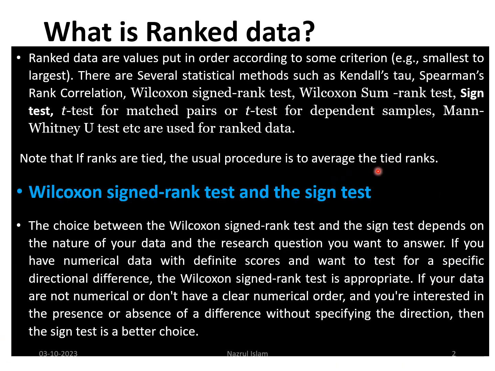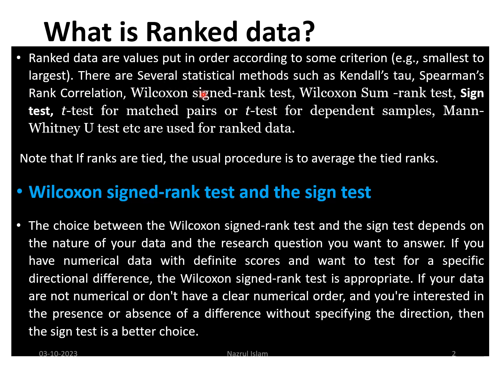Before starting the Wilcoxon signed rank test, we have to know what ranked data is. Ranked data are values put in order according to some criterion, that is, smallest to largest.